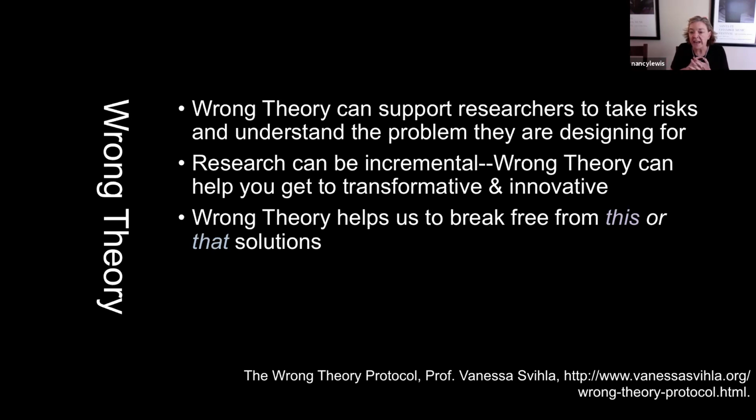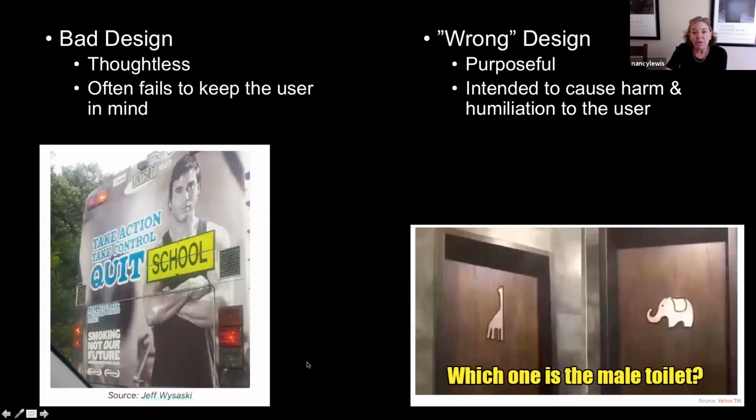And it really can help you move your research planning and outcomes from being incremental to being transformative and even innovative. So Heather's going to give a couple of examples.